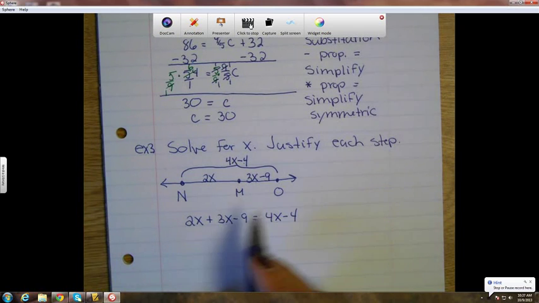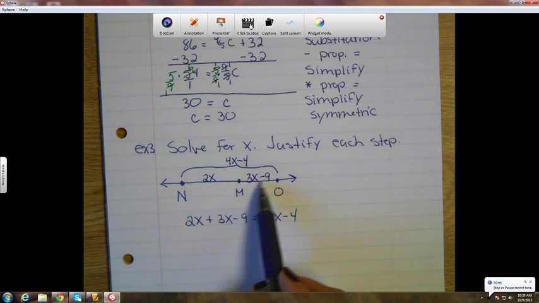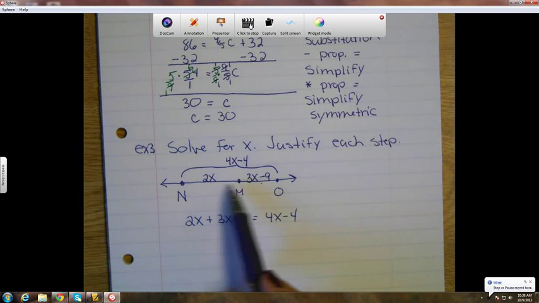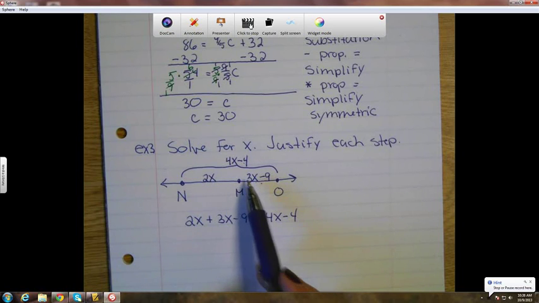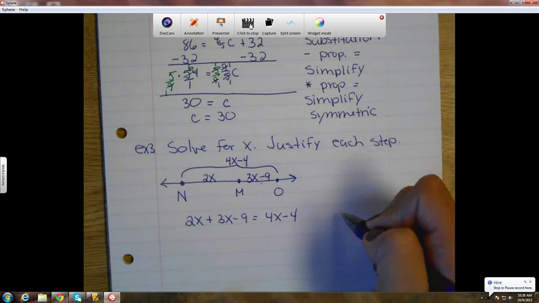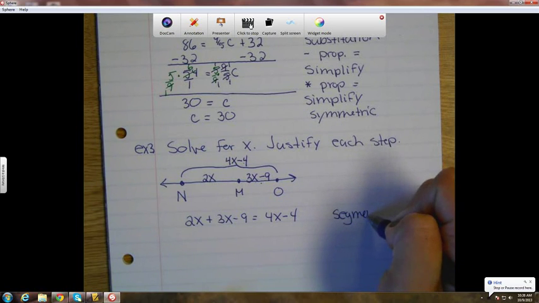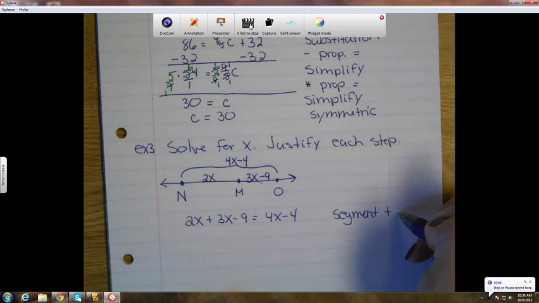So we added these two smaller pieces to make the big piece. That was not given to you. The only thing given to you was this picture. What you used to add those together, and you probably don't remember this name, it's called the segment addition postulate. And if you look back in your notes, chapter 1, you would see that in there.